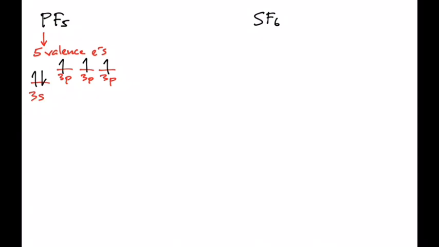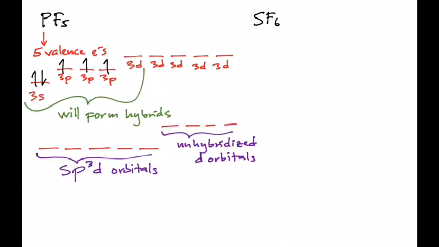Well, it can start accessing the 3d orbitals. So in that case, phosphorus will have 5 hybrid orbitals: 1 from the 3s, 3 from the 3p, and 1 from the 3d, for a total of 5 orbitals. And so these hybrid orbitals are now called sp3d orbitals because there's 1 d orbital included in the hybridized orbitals.